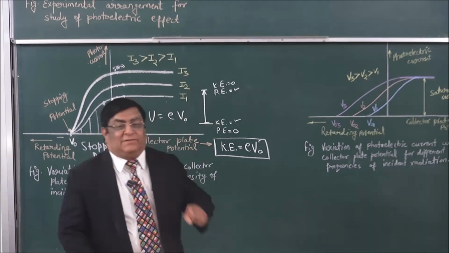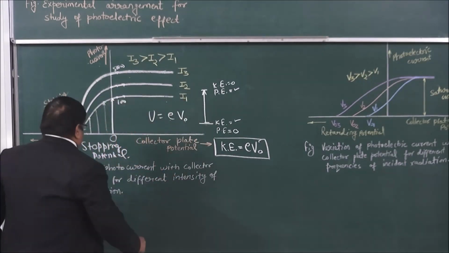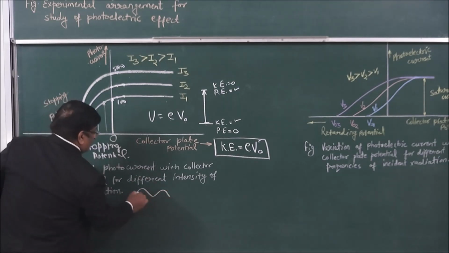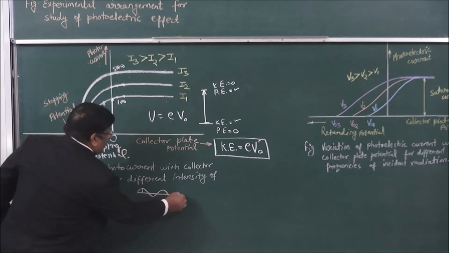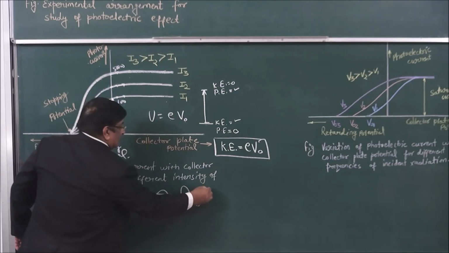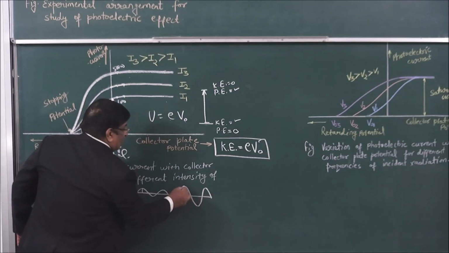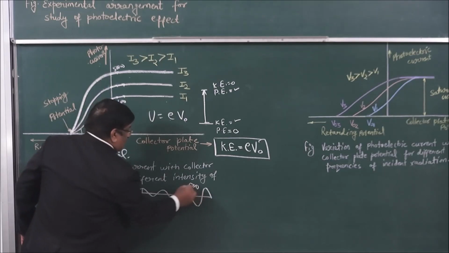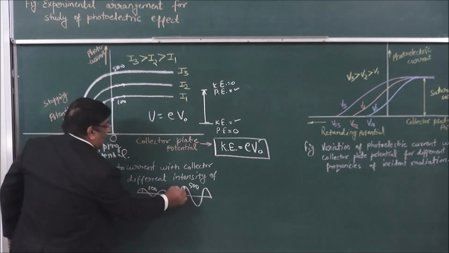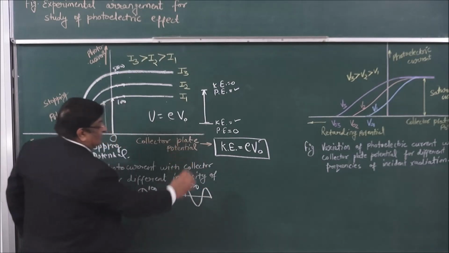Wave theory says that a 100-watt bulb has a magnitude this much, and a 500-watt bulb has a magnitude this much. This is the amplitude for 500 watt, this is the amplitude for 100 watt, so this should have more energy.